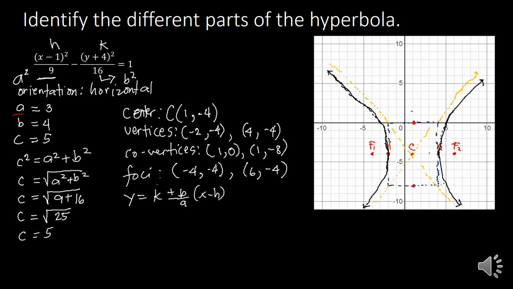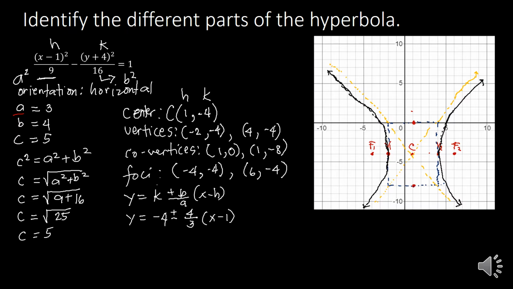So simply plugging in, y is equal to our k based on our center. We have this one as our h and k. Our k is -4. We have that as plus minus. Our b is 4 and our a is 3, and then times x minus our h, which is 1. So this will be our equation of that asymptotic line.